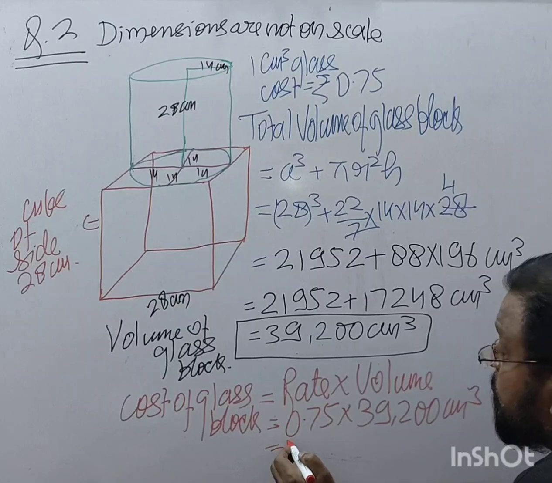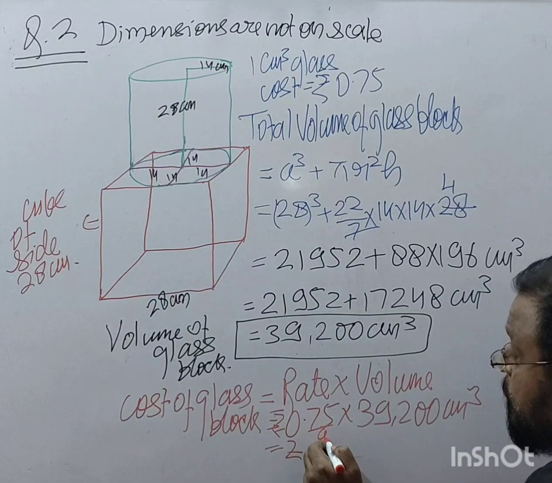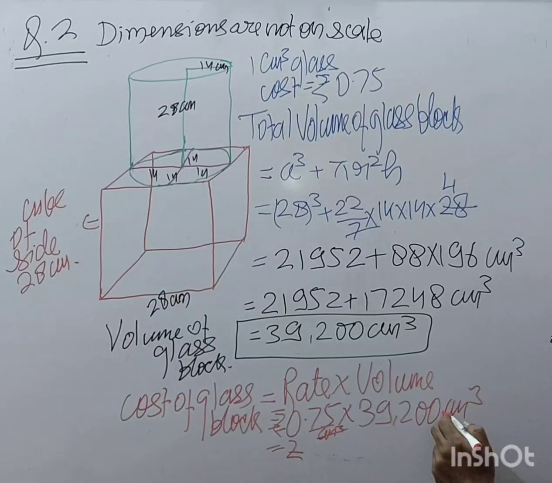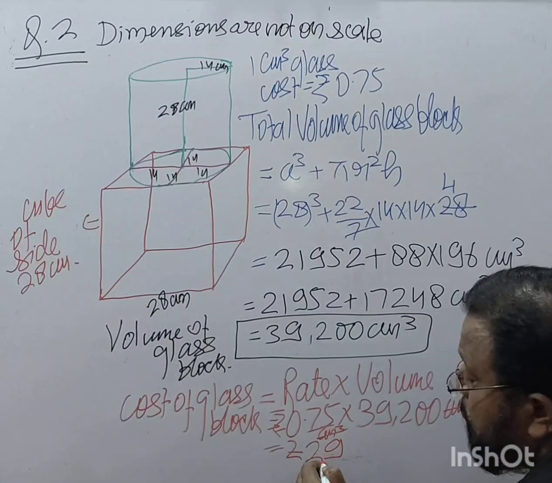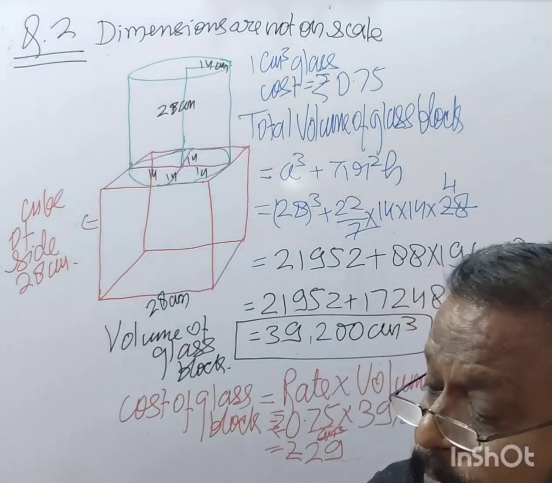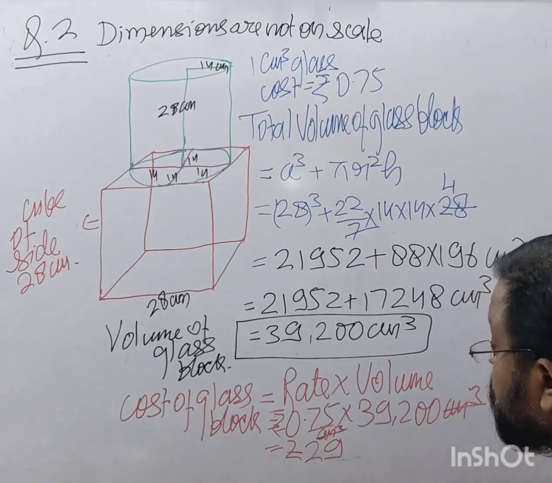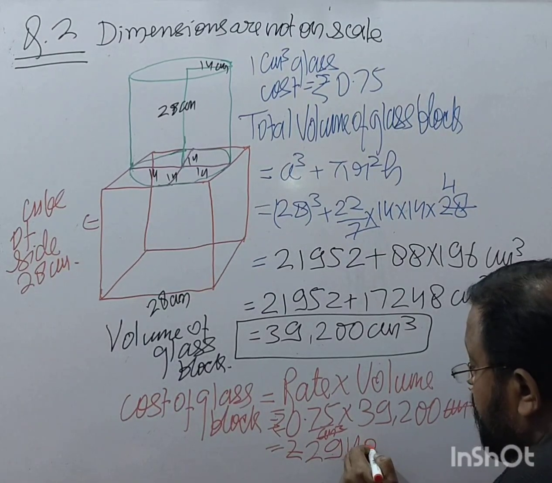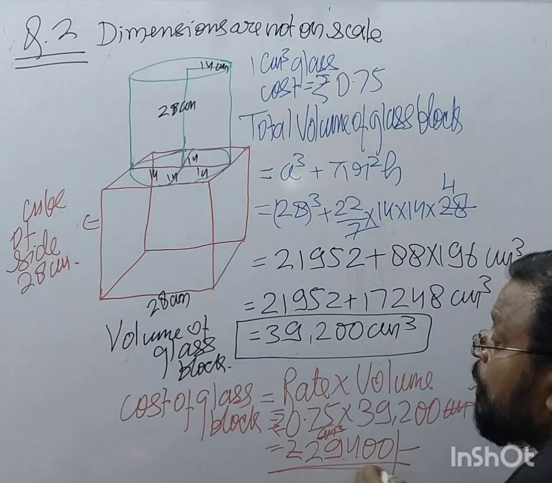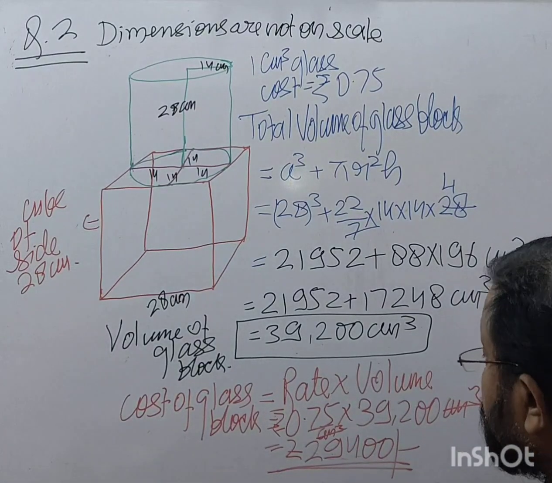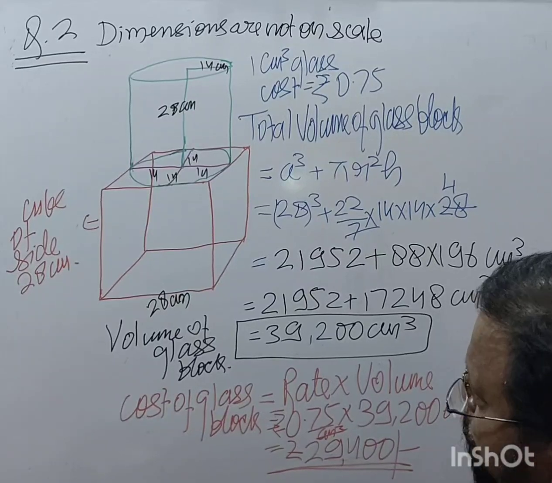So cost is rupees 29,400. This is the total cost of the block. This was the question.